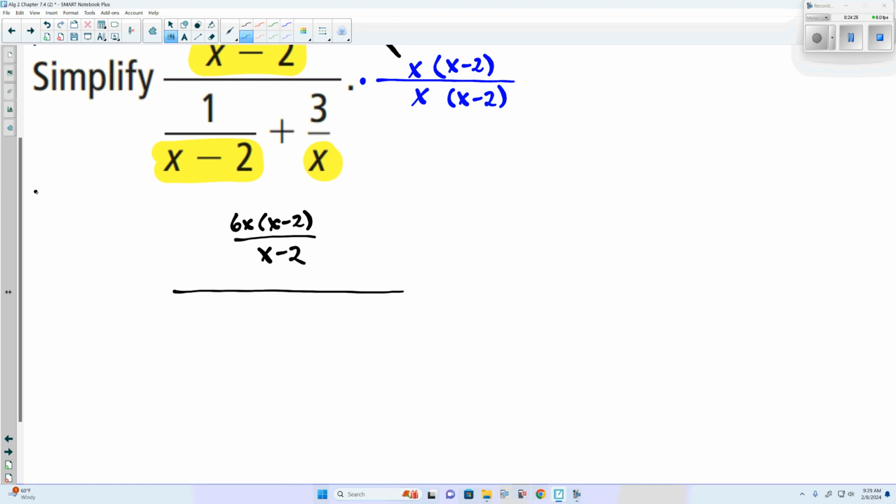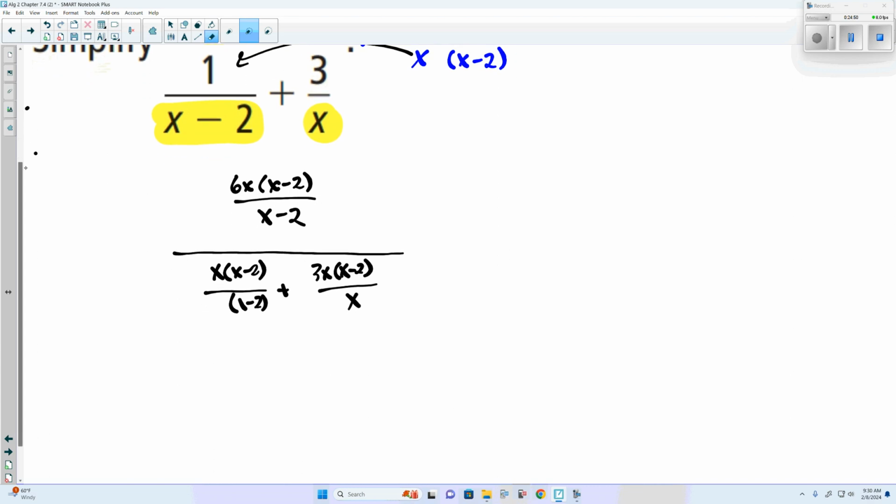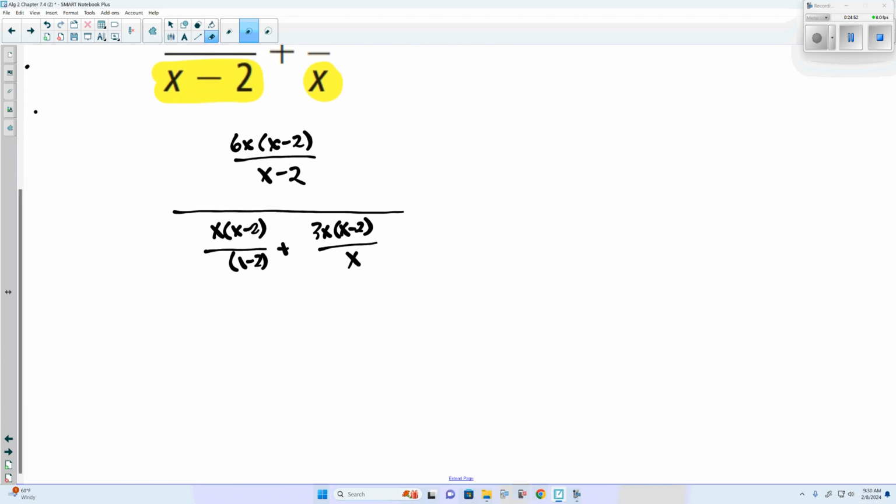When we do this with the denominator, we're going to do our x times x minus 2 times 1, which is just x times x minus 2 over x minus 2, plus 3 times x minus 2 all over x.